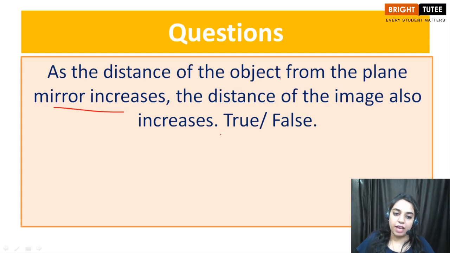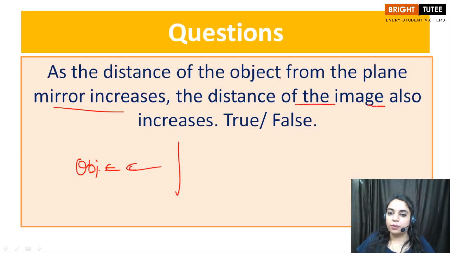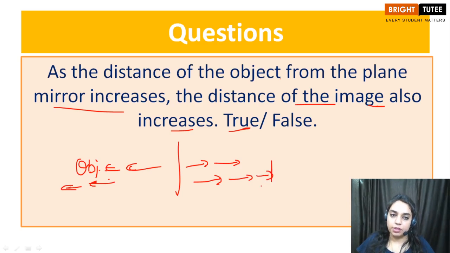So we have a plane mirror and we have the object here, and when the distance of this object is increasing from the mirror, the distance of the image also increases, which is true, because image is always formed as far behind the mirror as the object is in front of it. So if the object is moving far away, the image will also be formed far away. Okay, so the correct answer for this is true.